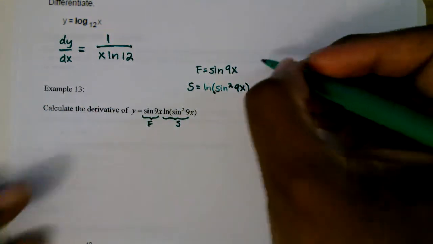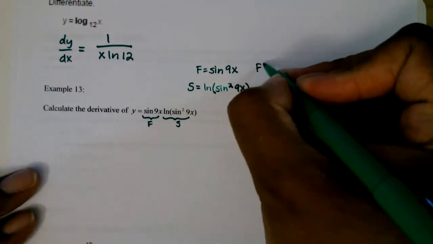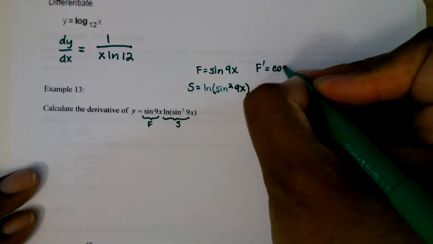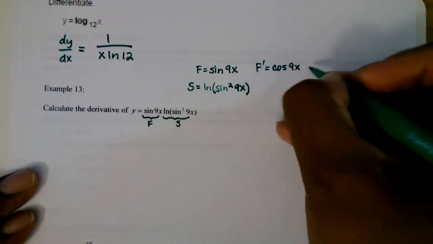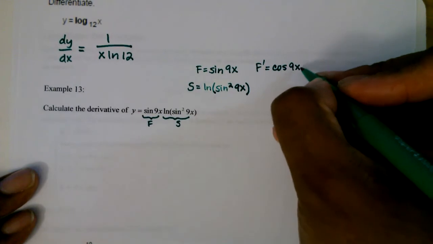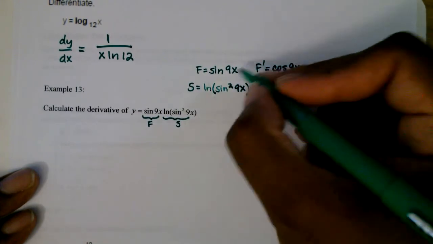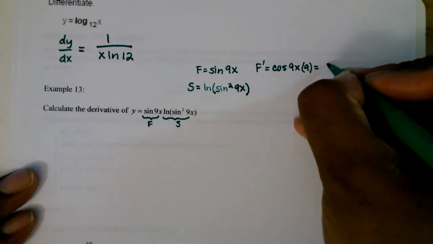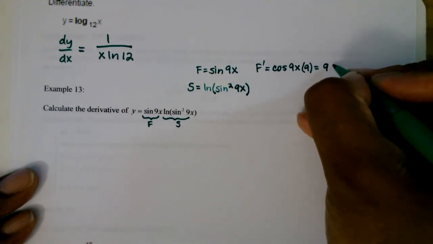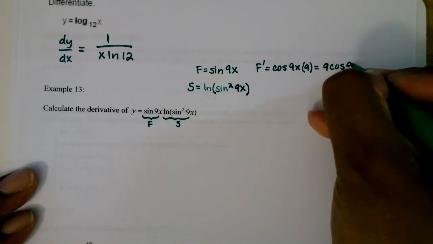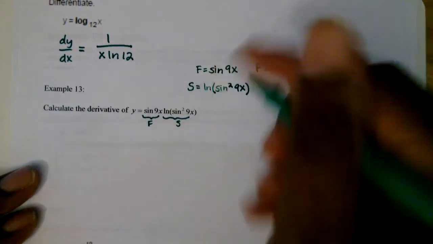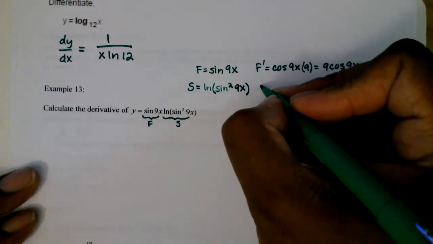Now let's find the derivative of the first. The derivative of the sine is the cosine, so we have the cosine of 9x times the inside derivative. The derivative of 9x has to be 9. So if I simplify this, this will be 9 cosine 9x. Now for the second, ln of sine squared of 9x.